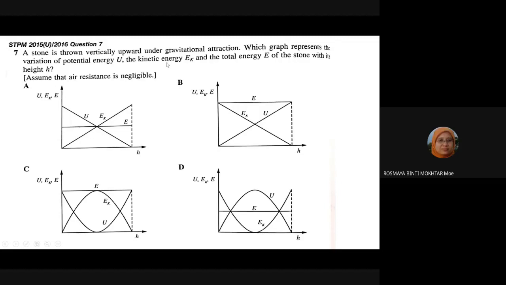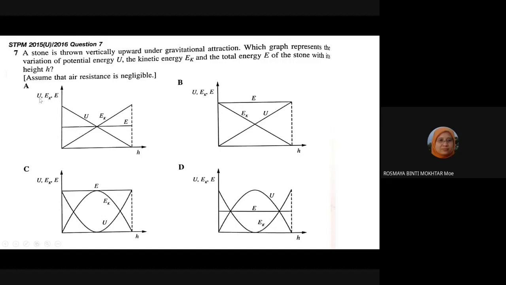So a stone is thrown vertically upward. All the answers given here, A, B, C, D, are energy against the height h. And the question also draws three in one: U, kinetic energy, and total energy.